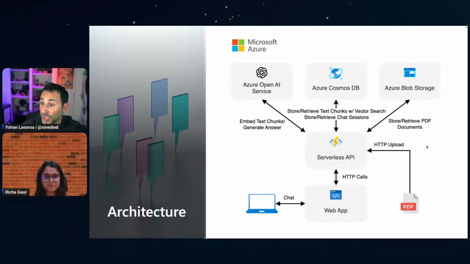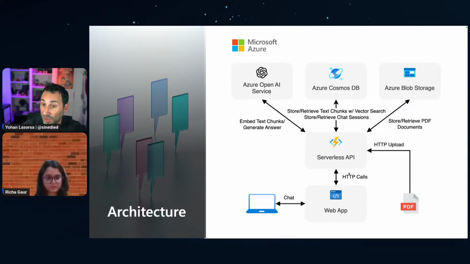The ingestion process, as I said, is basically an API where you upload your PDF, and this PDF will be sent and transformed into vectors in Cosmos DB using an embedding model from Azure OpenAI service. We're also saving this PDF in blob storage so we can link back to it later. So we store the original PDF files as part of the ingestion process.